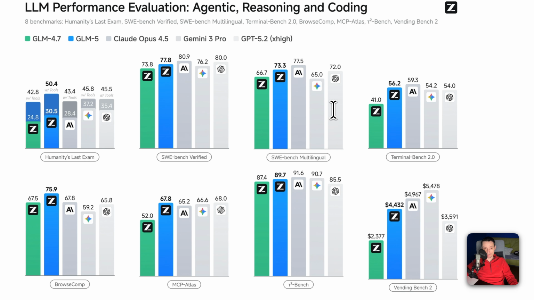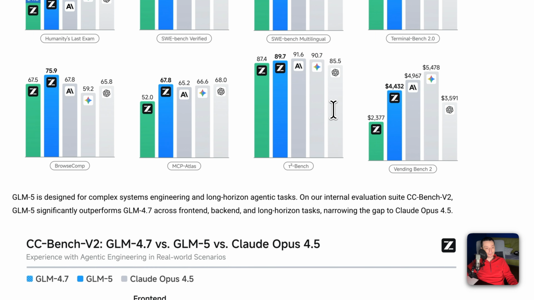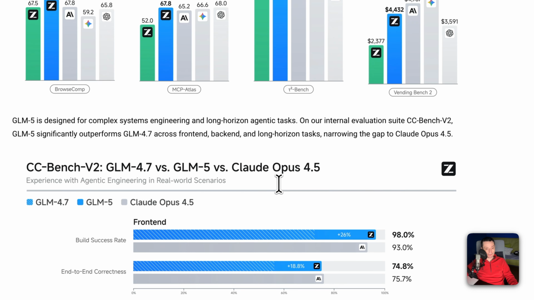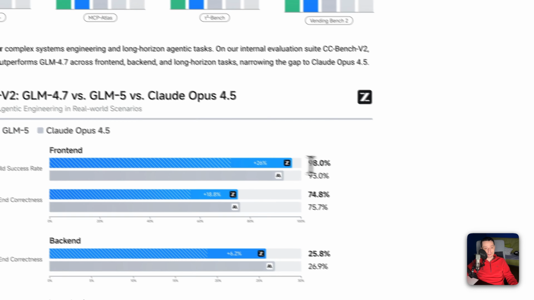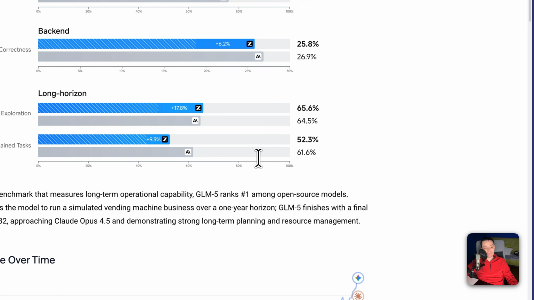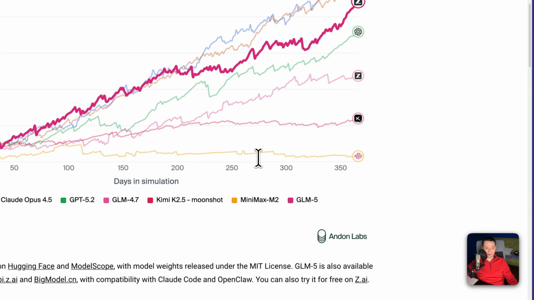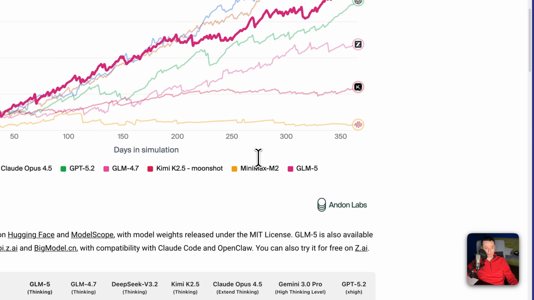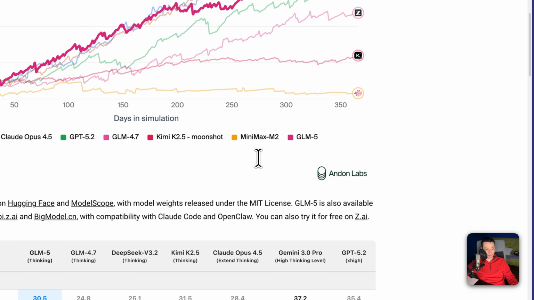If you check their website, you see in here that it is close to what Anthropic has to offer. The problem with this one is that it's a little slower than the previous one because it is using more resources. And we're going to see how well it does with their coding plan, because I am on their max coding plan.